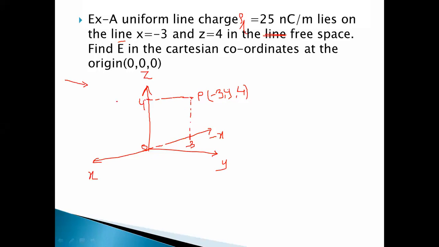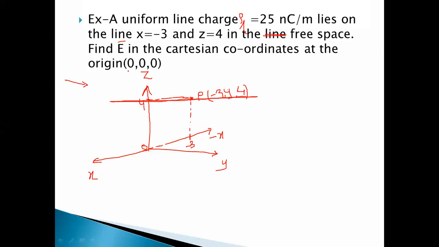Okay, the y coordinate is not given, so this is the line, and it is parallel to the y axis, and on this line point P is there. Now what we have to do?